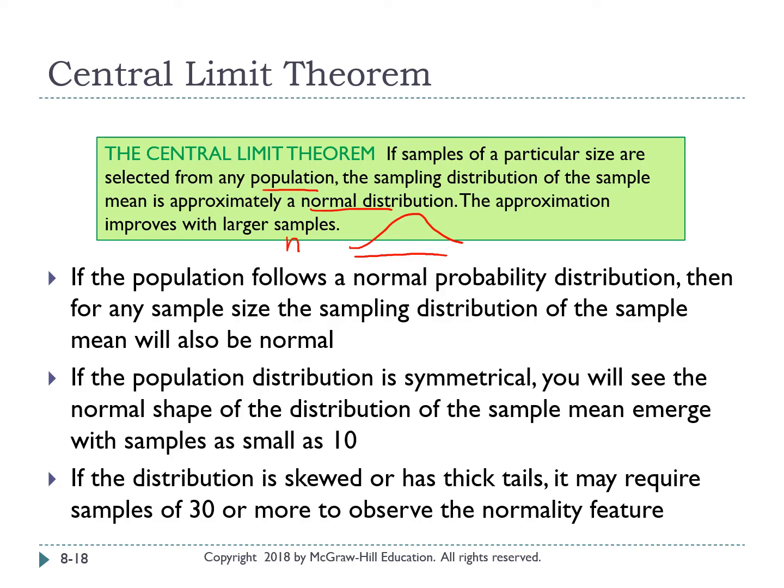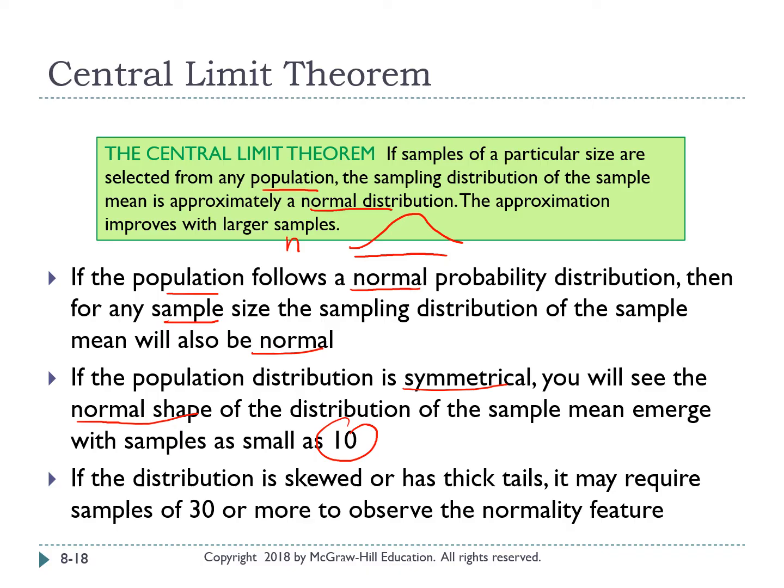The first assumption: if your population follows a normal probability distribution, your sample mean distribution will also be normal. Second assumption: if your population distribution is symmetrical, your sample will have a normal shape with as few as 10 observations.